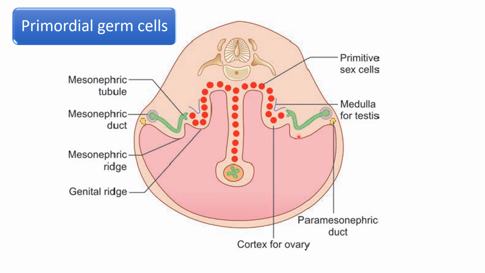Now, this region will be the urogenital ridge. We can see the paramesonephric duct over here. We can see the mesonephric duct over this area. These are the excretory tubules in the mesonephros. And on the medial most portion of the urogenital ridge, we have the genital ridge or the future gonads.